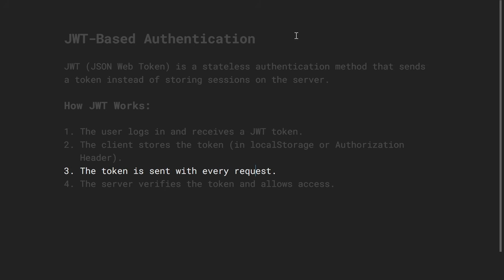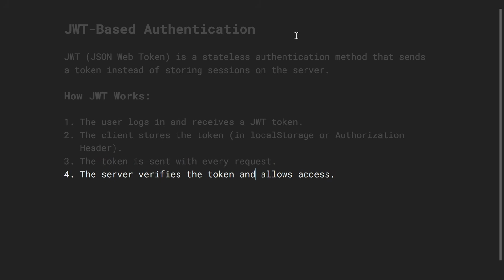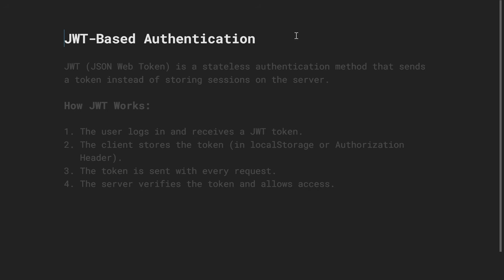The token is sent with every request when we call any protected route, and at the end the server will verify the token, and if the token is correct then the server will allow us to access that API.